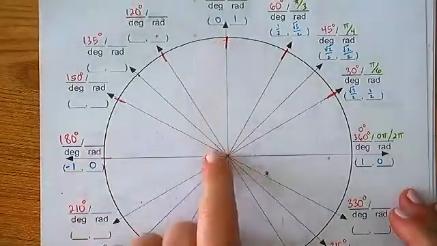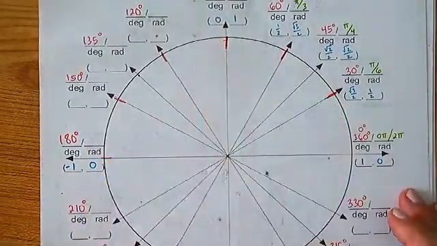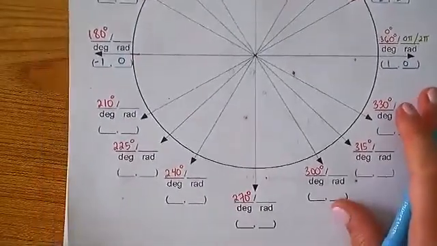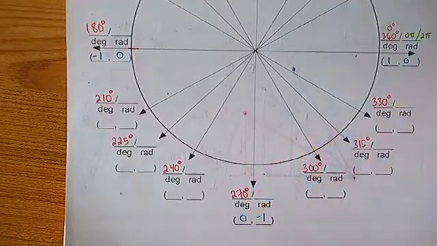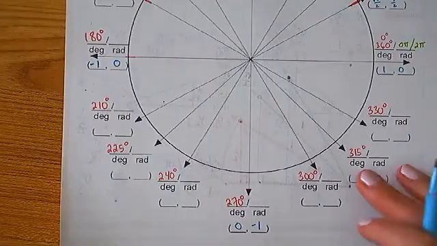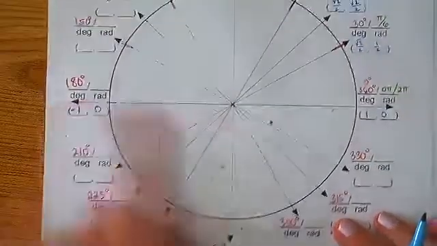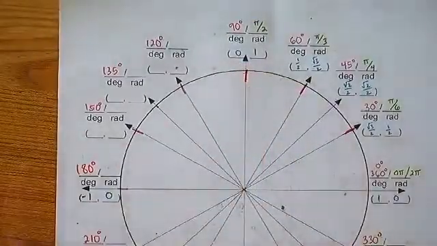Same thing, if this one from the center was 0, 1, that means this guy all the way down here is going to be 0, -1. So we have those 4 corners filled out in terms of our coordinate points.